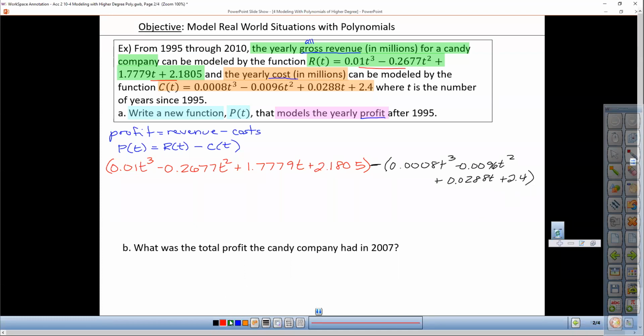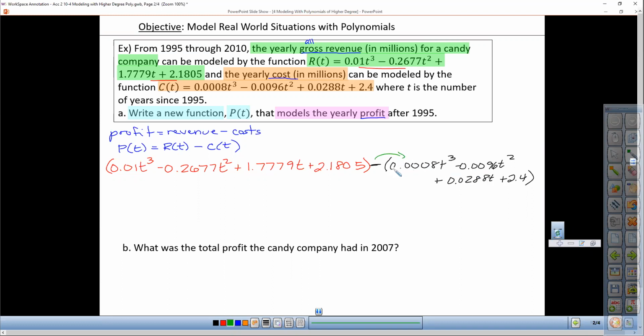So do you remember what we talked about in the previous lesson? When we're subtracting all of this, what do we have to do before we can combine our like terms? We have to change all four of the signs of what I have in these parentheses for what I'm subtracting, which is c of t. So my positives turn to negatives and my negatives turn to positives.